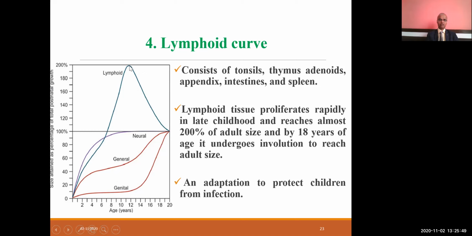And after that, there is a regression or involution of lymphoid tissue, and it comes to 100% at the adult age. So this rapid growth or proliferation of lymphoid tissue is an adaptation to protect children from infection.